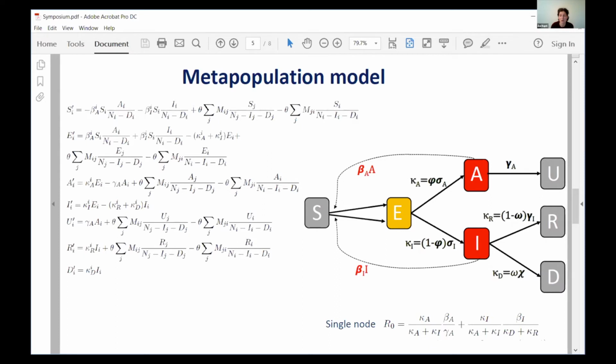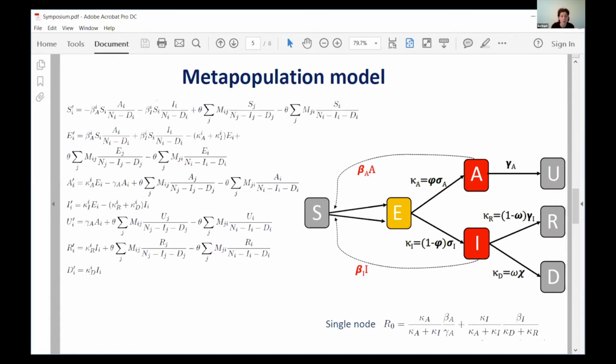Asymptomatic hosts go into what we call the U class, the underreported recovered. The infected ones, the ones that are being recorded by the authorities, move into the recorded class, or unfortunately, we know that COVID can be fatal, so this is the compartment that accounts for the fatalities.